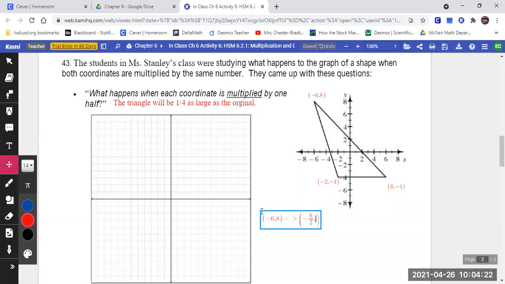That's what half is, dividing by 2. And 8 divided by 2. So what do we get for a new coordinate? If I take each one of those and I divide them by 2, so -6 divided by 2 becomes what?